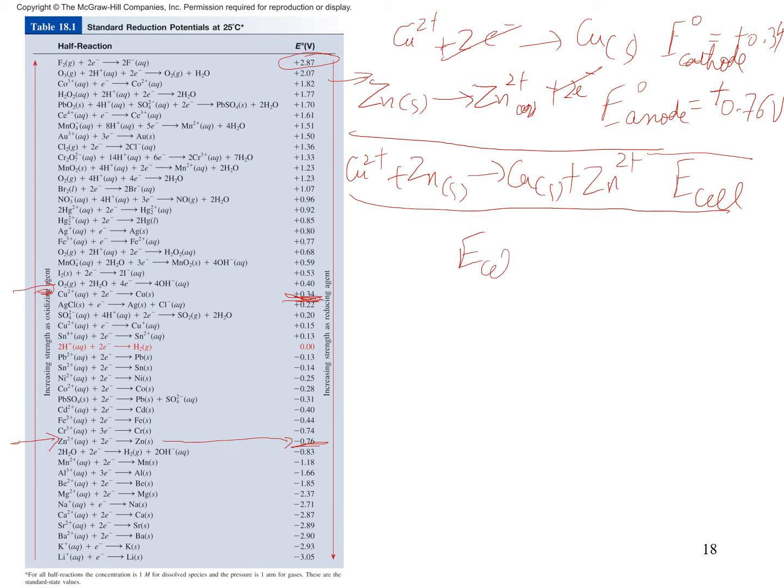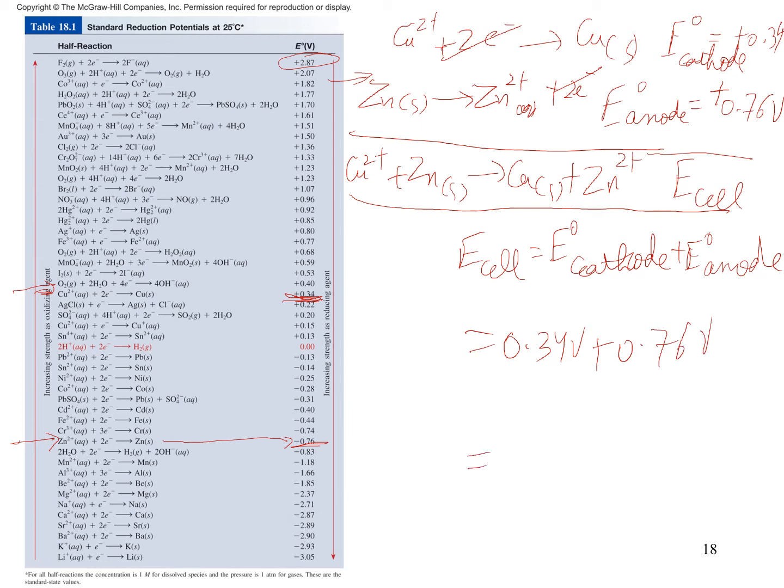E for the cell would be E naught cathode plus E naught anode, right? So E cell would be cathode 0.34 volt plus 0.76 volt, which gives you a total of 1.10 volts.